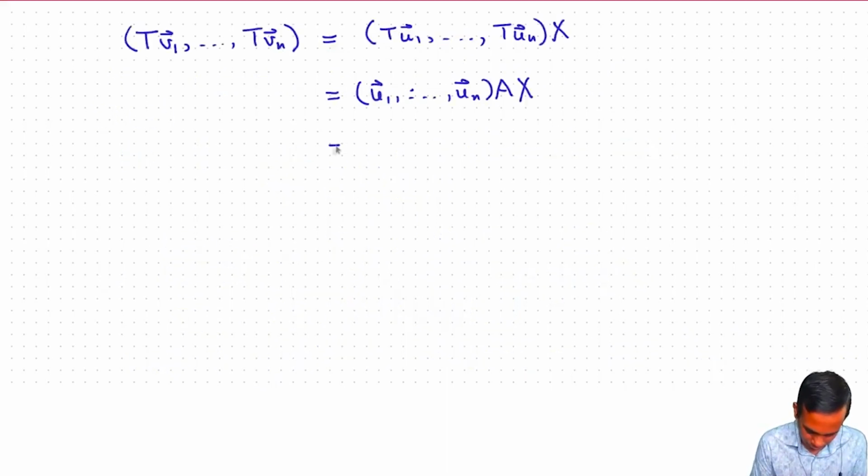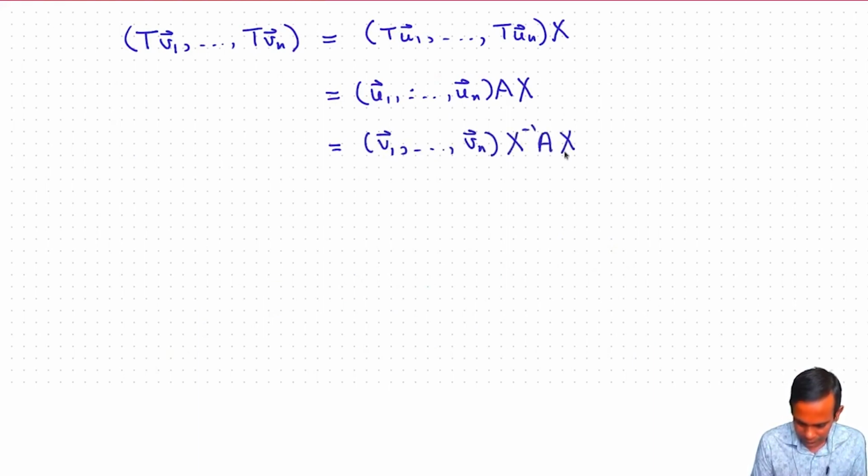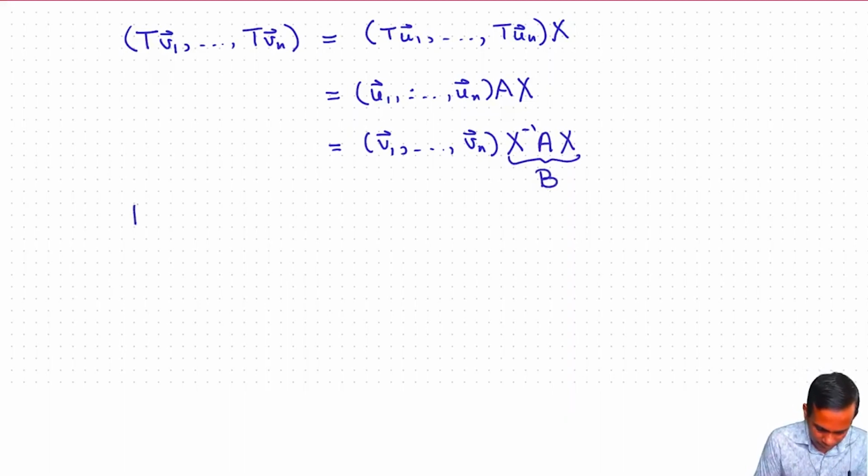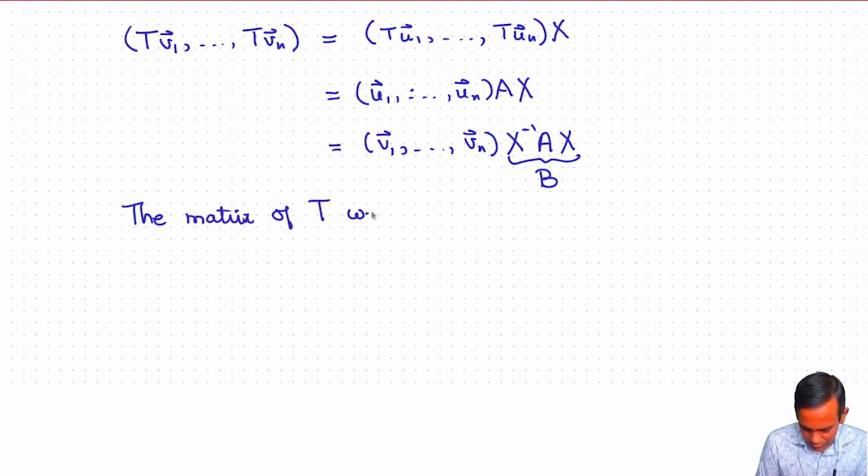So we have (v1, ..., vn) times X inverse A X. If we call this matrix B, then the matrix of T with respect to the basis v1, v2, ..., vn is B.